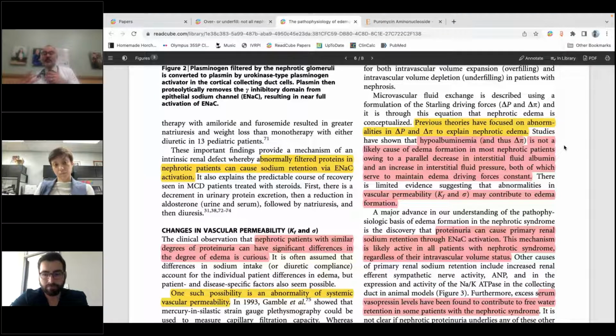There might be some degree of vascular permeability, whether that's true vasculitis or just some increased permeability that could be there.